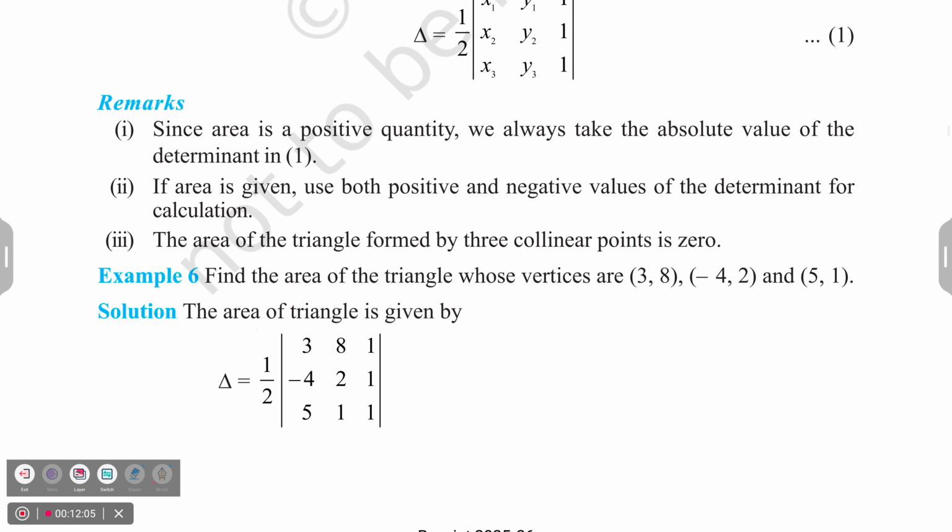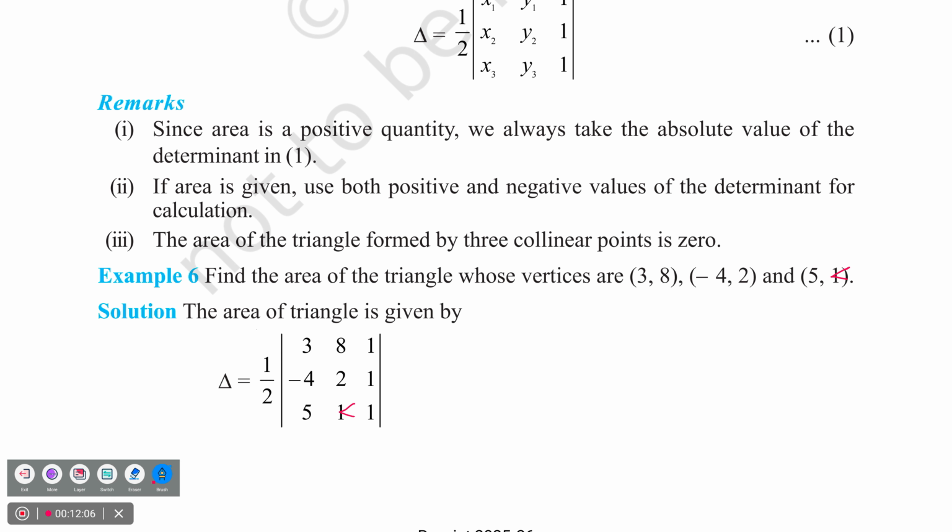Suppose they said 61 by 2 and some value is missing. They may give a negative answer. Listen carefully. But if negative also comes, what will you take? Positive, because area must be positive. So here any one value is missing.